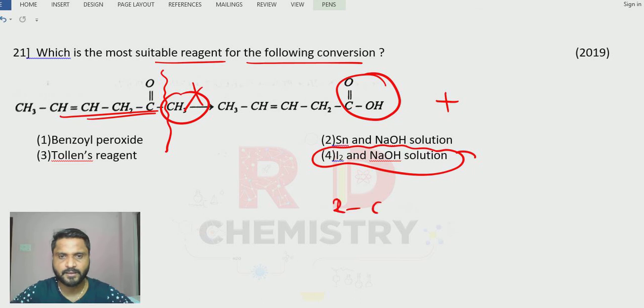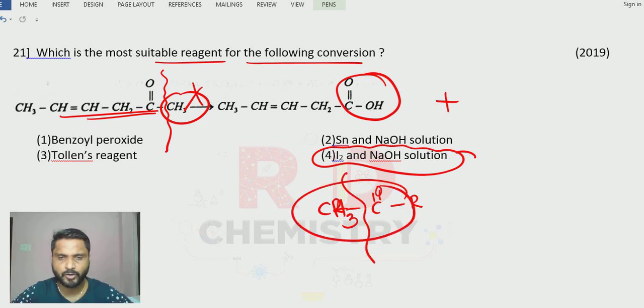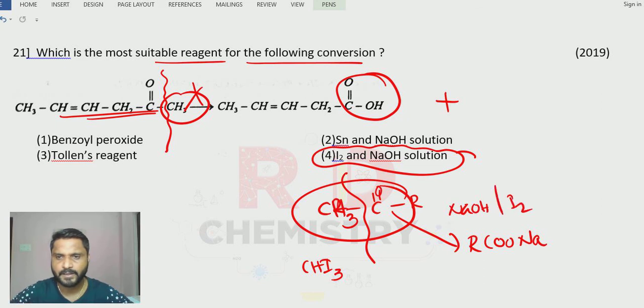Suppose there is C double bond O and R like this, a methyl keto group. The methyl keto group undergoes oxidation to give one product, CHI3 iodoform, and the other becomes the sodium salt of the carboxylic acid. We are using sodium hydroxide and iodine. Then this can be subjected to acidification to give the corresponding carboxylic acid. So the answer is option number 4.